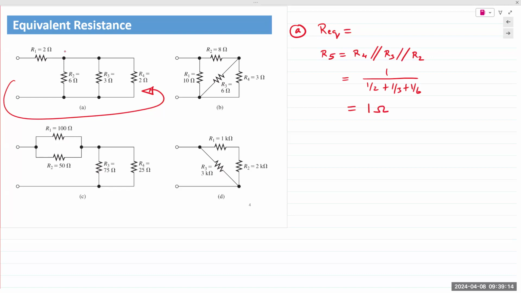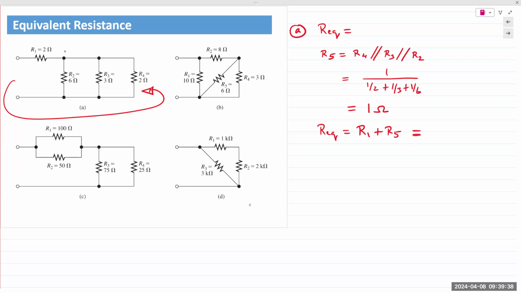And then Req is, what is the relationship between R1 and R5? Series, because when we reduce R2, R3, R4, well, you already know your stuff. So R1 plus R5.